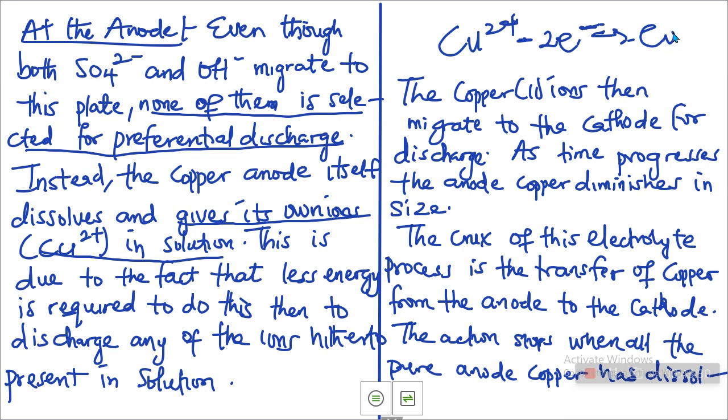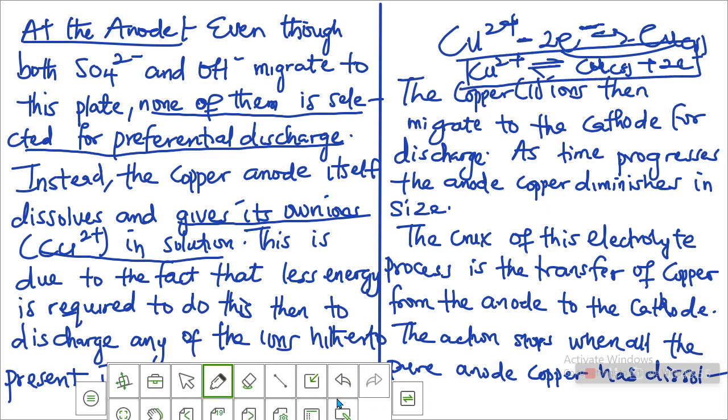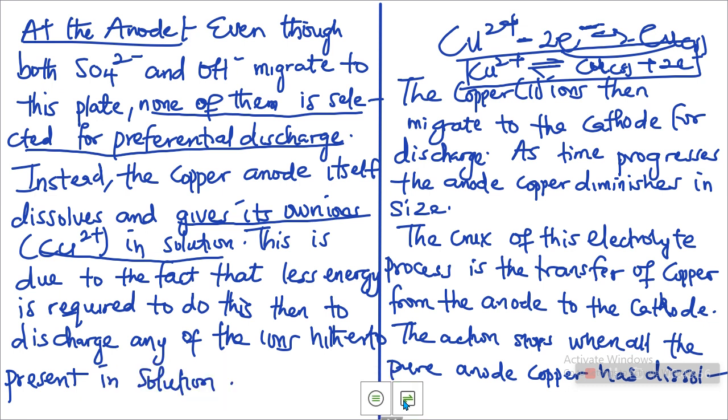So we have Cu, you bring this to the other side, so we now have Cu2+ plus 2e-. So this is the reaction equation. So the opposite happened at the anode and the opposite happened at the cathode.